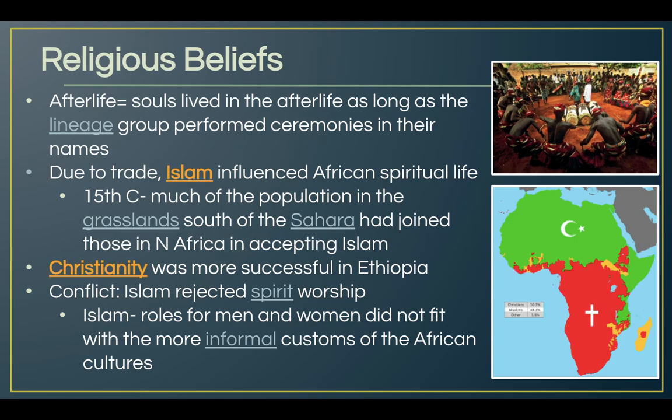Due to trade, Islam influenced African spiritual life. In the 15th century, much of the population in the grasslands south of the Sahara had joined those in northern Africa in accepting Islam. You can see on this map the extent of Islam and how far it reached.